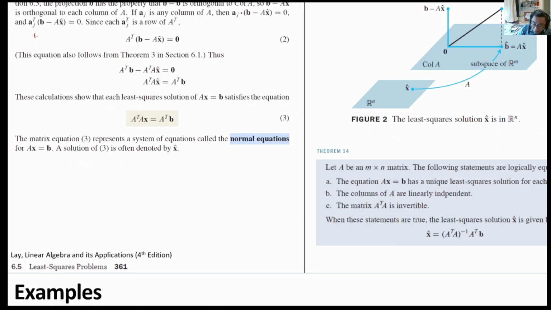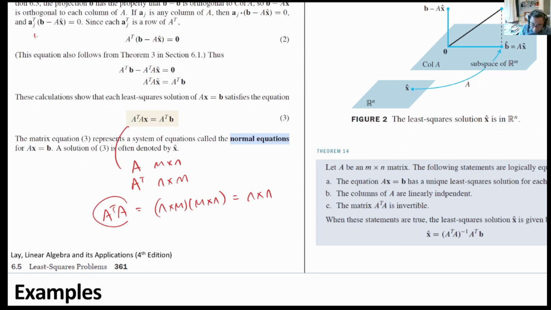Now, why are we almost ready to solve for x? Because if A is a matrix of m by n, A transpose is a matrix of n by m. A transpose A is a matrix of n by m multiplied by m by n, thus the dimensions agree, and will produce a square matrix of n by n.